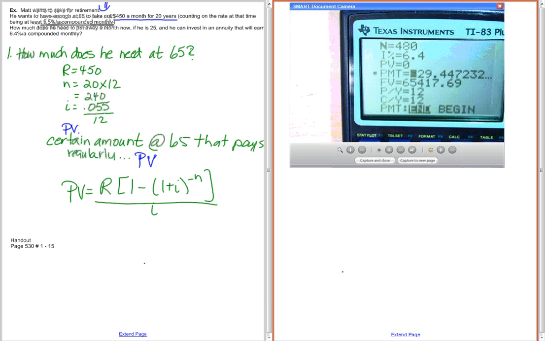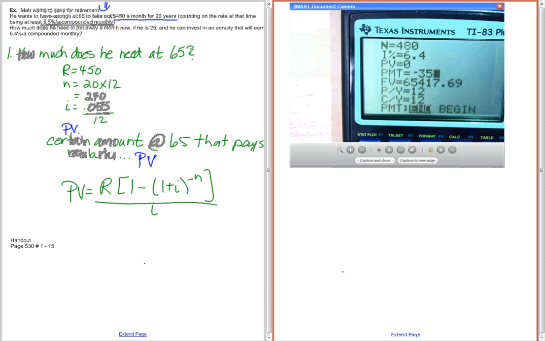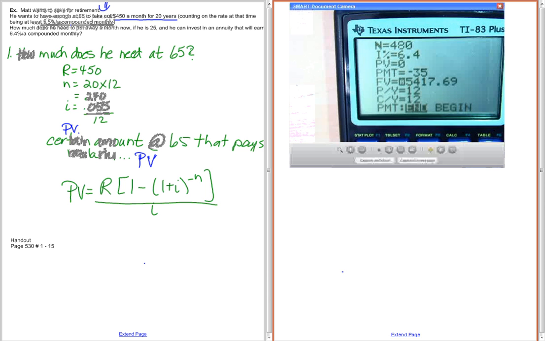$29.45. If he were to up that amount of money, say he thinks $29.45 is ridiculous, so he's going to go with, oh, I don't know, let's go with $35. Oops, let's make it negative as well. It comes out of his pocket. $35. What will his future value be? $77,753.29.